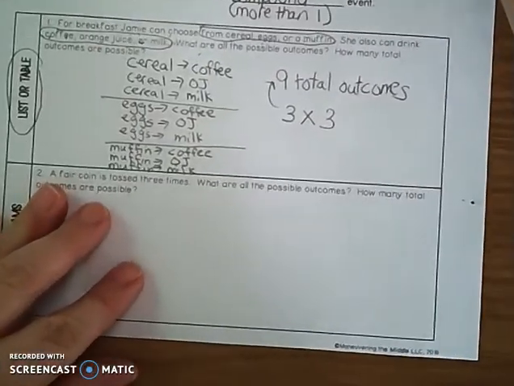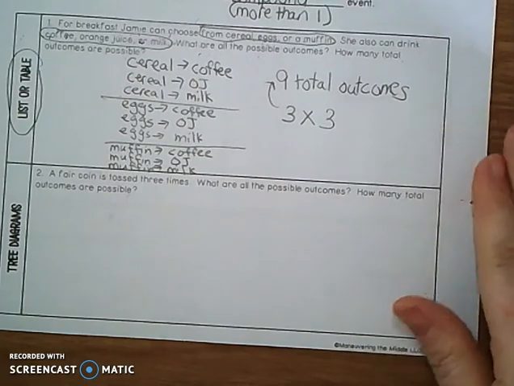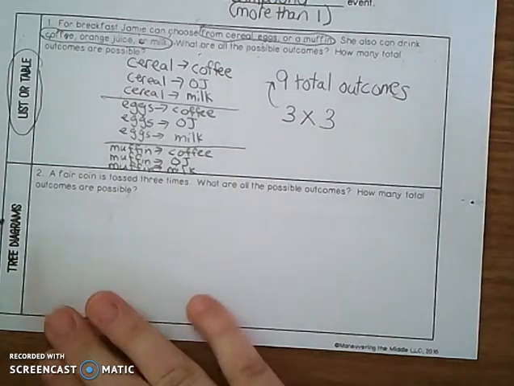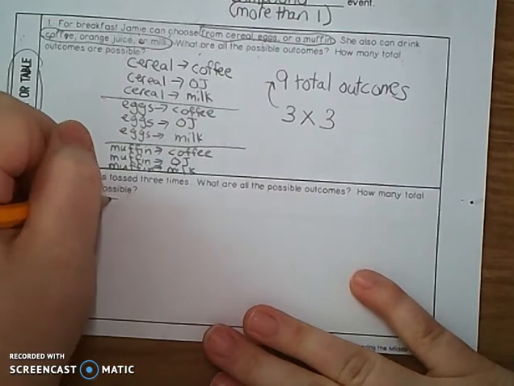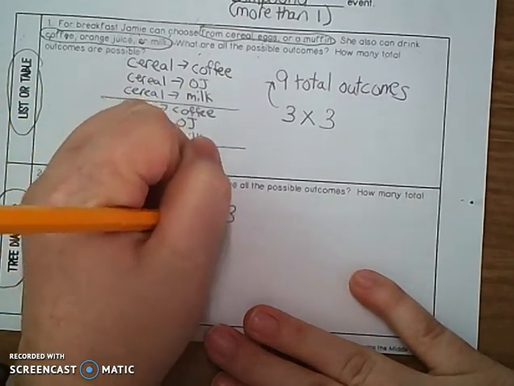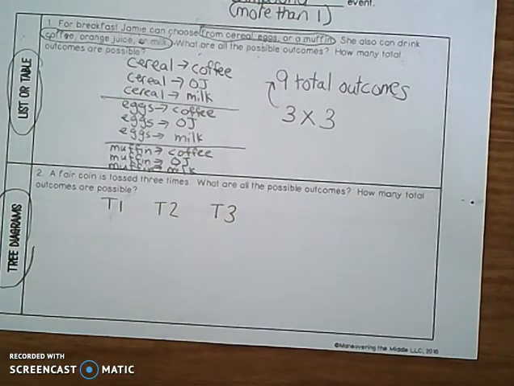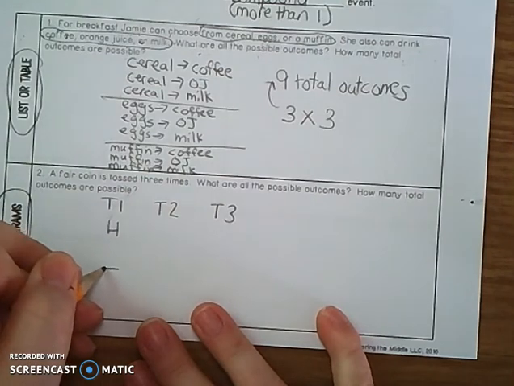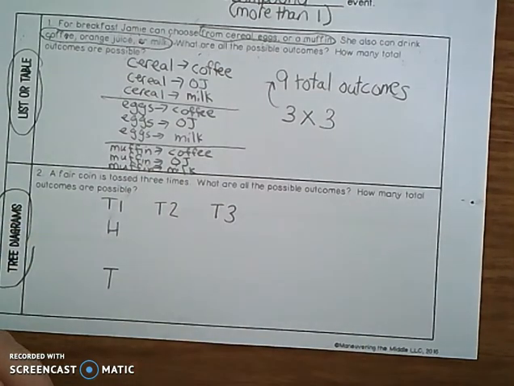It says, a fair coin is tossed 3 times. What are all the possible outcomes? How many total outcomes are possible? So we want to do a tree diagram. And we have 3 trials. So I'm going to do trial 1, trial 2, trial 3. On trial 1, when she flips her coin, she can flip a head or a tail, right?